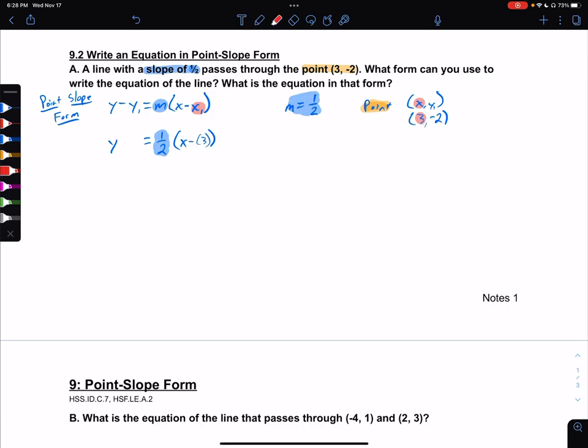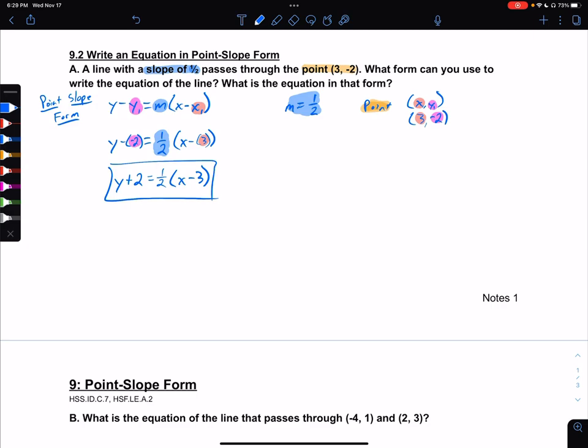You'll see why in a second. And then for my y1 value, I'm going to use this -2. So I want to subtract -2, and that right there is why I'm using parentheses. So we have to be very careful with our negatives. So we wind up with y plus 2, right? We're subtracting a -2 equals 1/2 times x minus 3. And this would be our equation of the line in point-slope form.